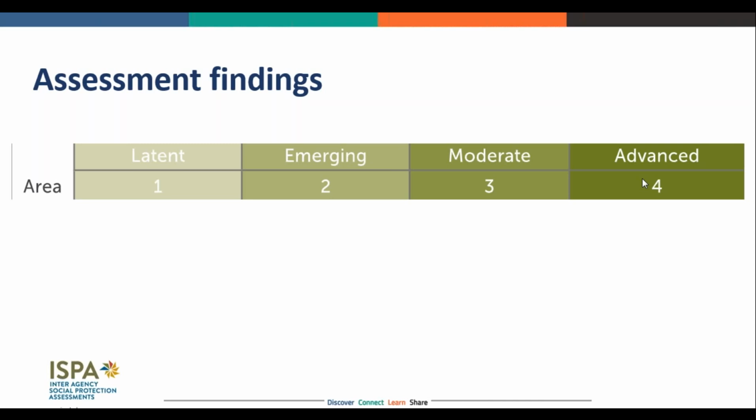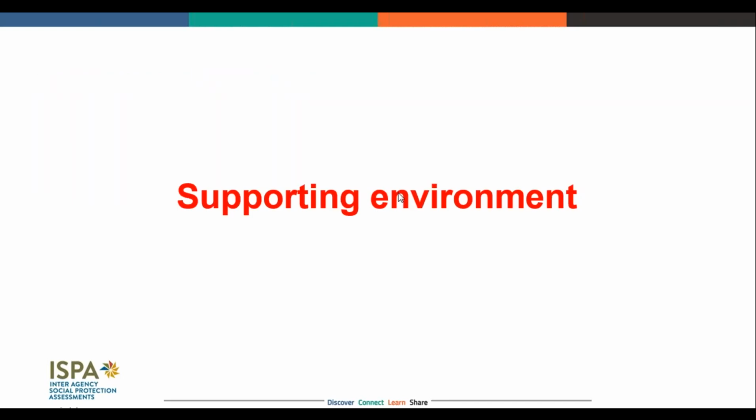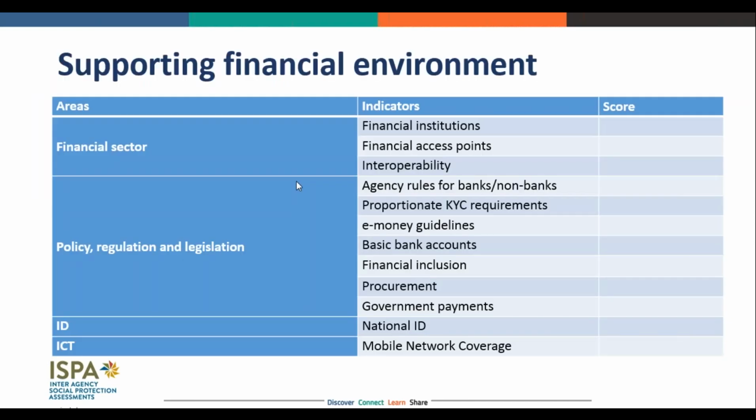So there is no 4-point scoring for the country social protection system. If we move on to looking at the supporting environment for social protection payments, we're on slide 10. There are effectively 4 different areas that the tool focuses on in order to assess how supportive or otherwise the environment is.